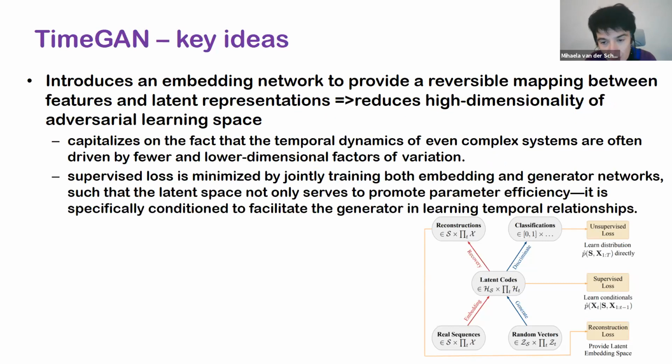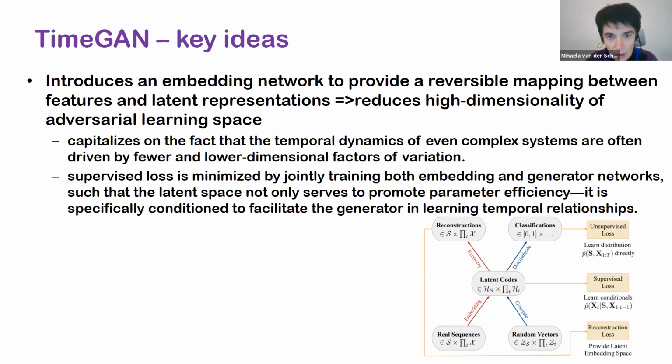Then the final part of the puzzle is the fact that we don't do that just in the feature space, but rather in an embedding, by using an embedding network in the latent space, thereby obliging us to learn correct latent representations.